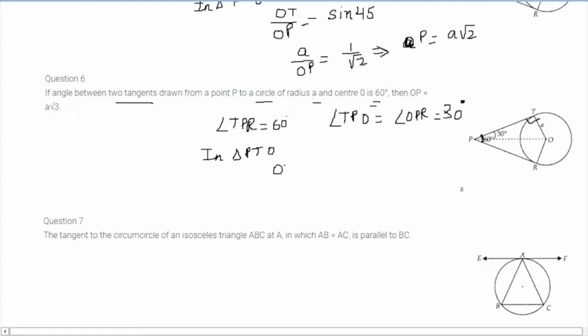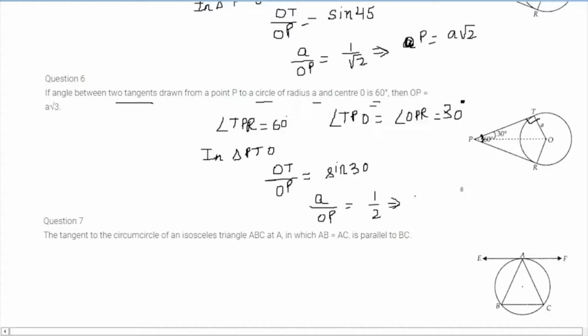So in the right angle triangle PTO, we will use trigonometry here. OT over OP will be equal to which ratio? It will be equal to sine 30 degrees, because OT is the perpendicular and OP is the hypotenuse. OT is given as A and we have to find OP, and the value of sine 30 is 1 over 2.